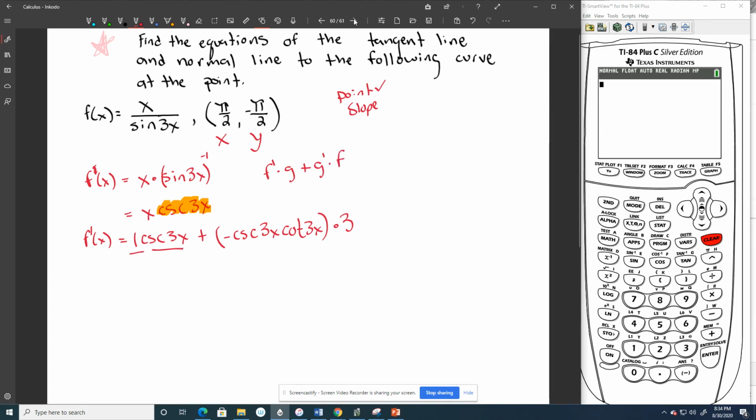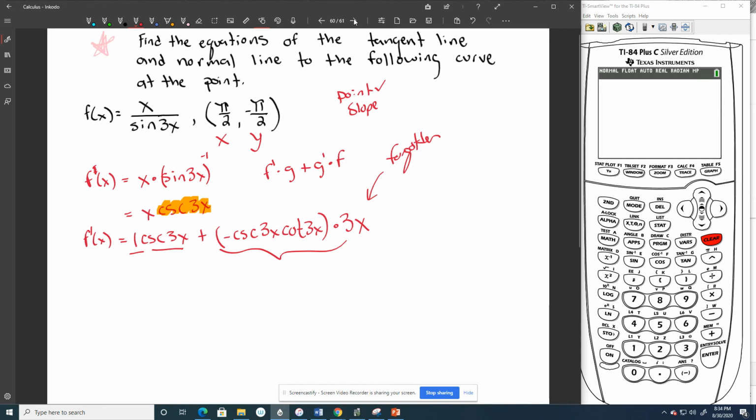Here's my g. This entire thing is my g prime. I can't forget to multiply by f, which is just x. And that's the one that's going to get forgotten the most. We're going to forget that all the time because we're going to get hung up doing the derivative of g, and we're going to forget that f that goes at the end, that other part of our product rule.